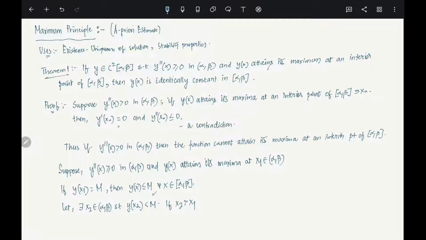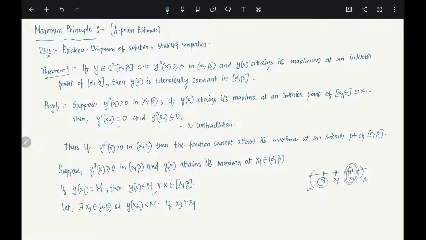Now x1 is here, and y of x2 is less than M. We don't know where x2 is; it can be here or here. Let's say this is alpha, this is beta. But we know there is an x2 such that y of x2 is less than M. Let's say x2 is greater than x1.